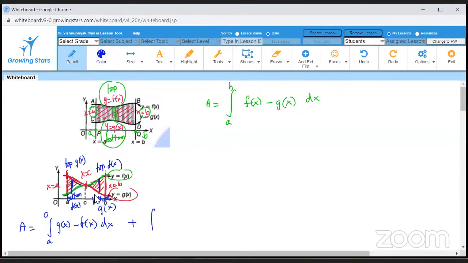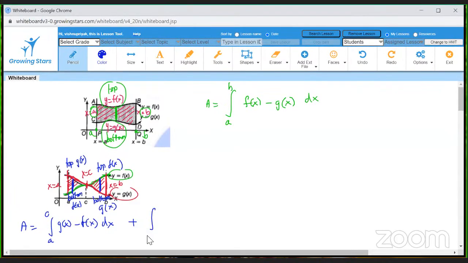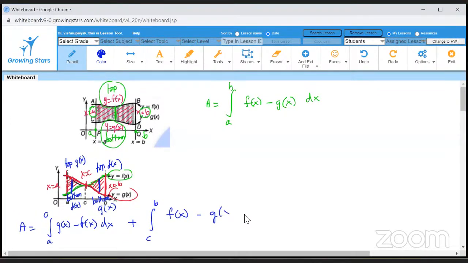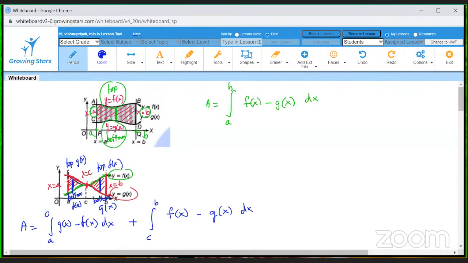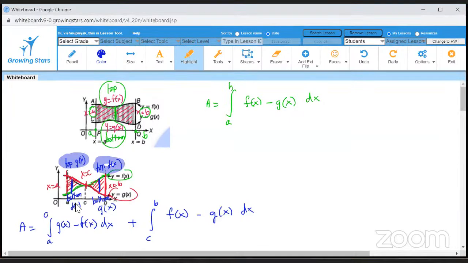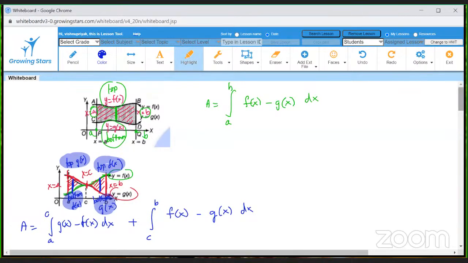So the bounds you will take c to b on the x-axis. Here top f of x minus bottom g of x. So two integrals you have to make because the tops are changing. Tops are changing from g of x to f of x. Bottoms are changing from f of x to g of x. That is why two integrals, two areas.